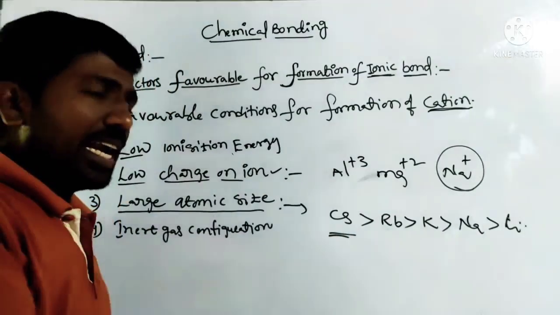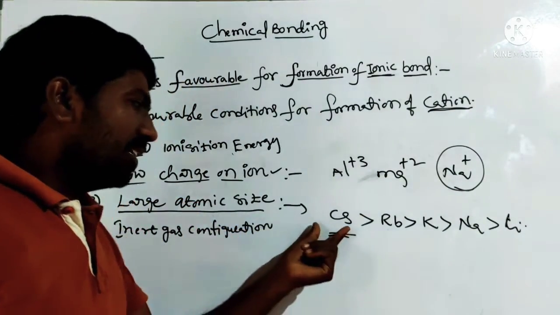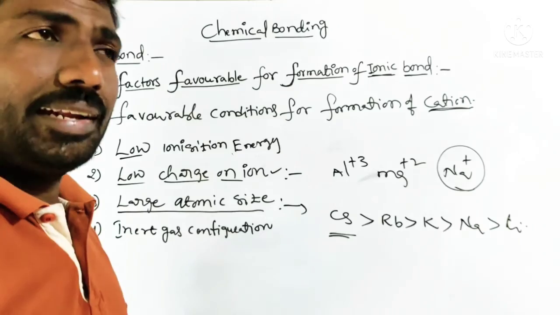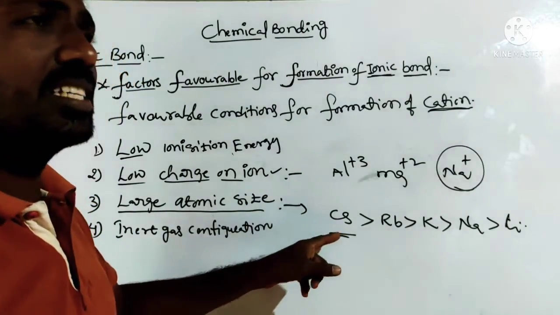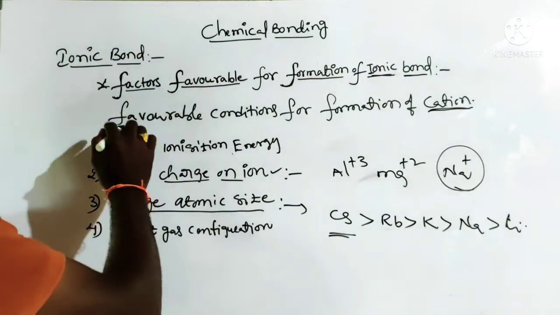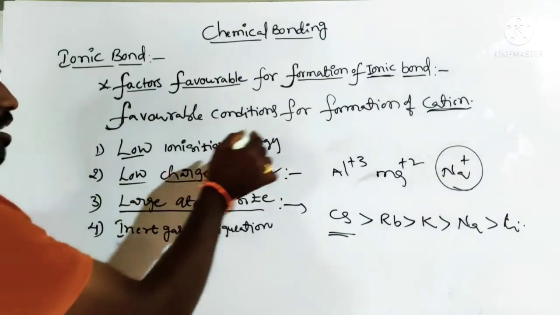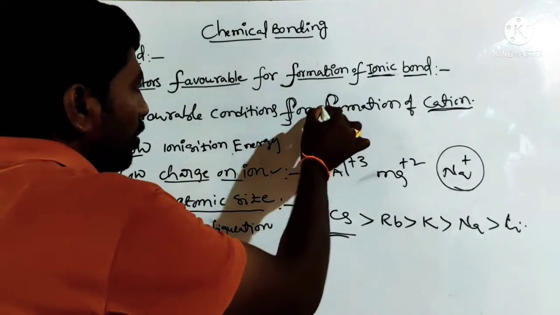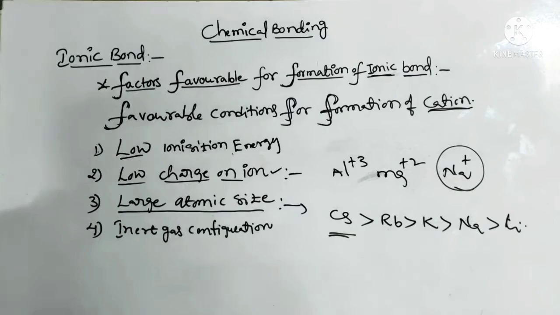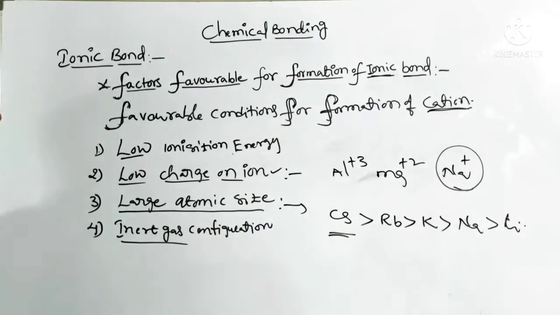It forms a cation compared to the rest because the attraction on the outer electron is very low in a big atom.